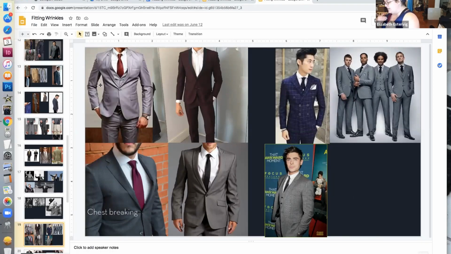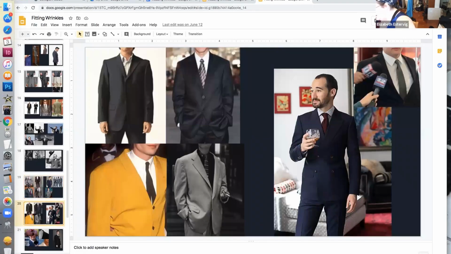So basically when it breaks like that, where you get that kind of bracket-y shape, that means it's too tight across the chest. All right, so this is too big. If you can hide a ham sandwich or a whole fist in between you and your lovely doublet, that's too big.